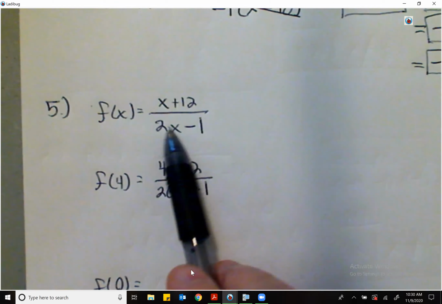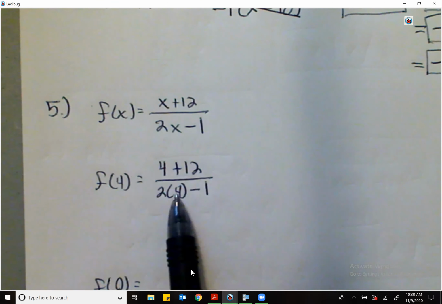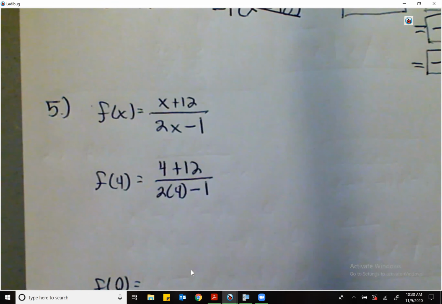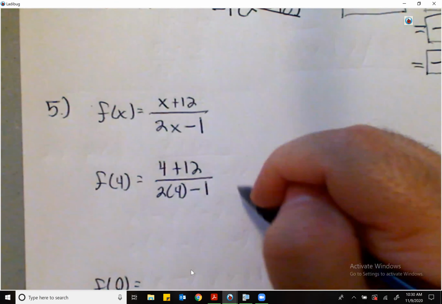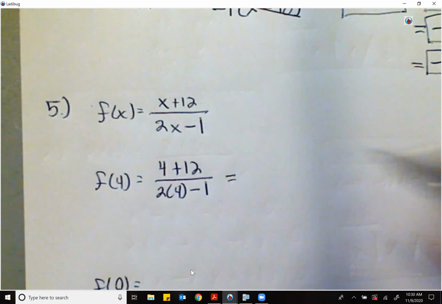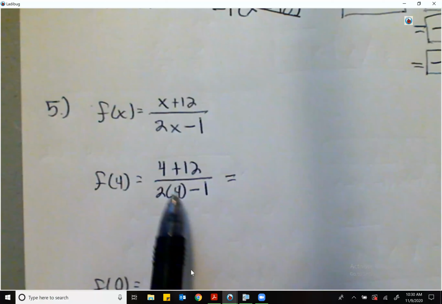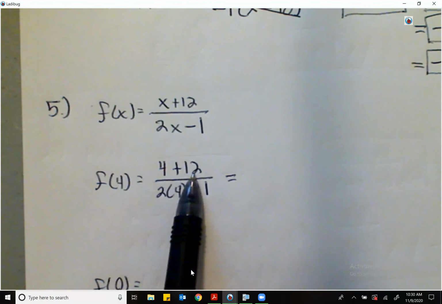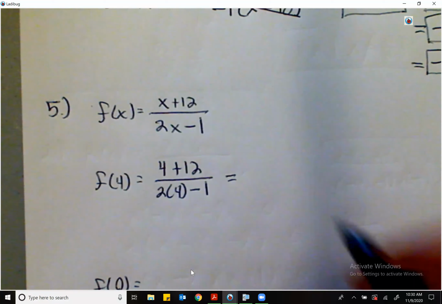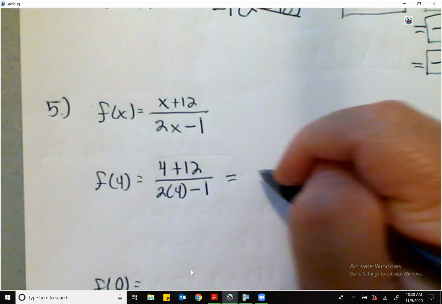So now you do a little bit of math. 4 plus 12 is 16. 2 times 4 is 8. And 8 minus 1 is 7. And I messed up. I wrote 17 on the top. Silly Mr. Armstrong.